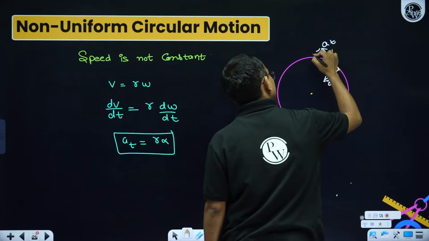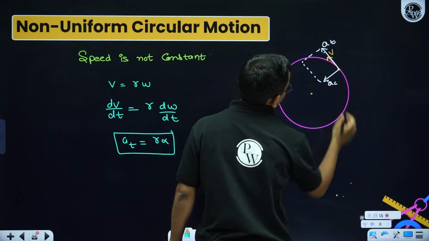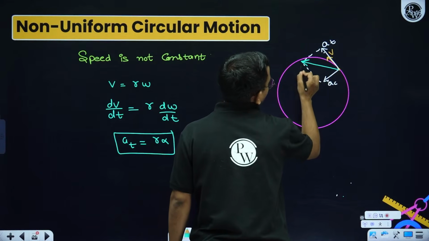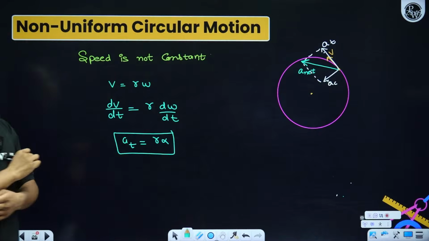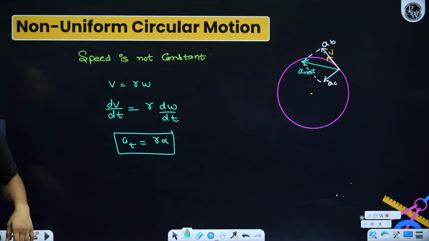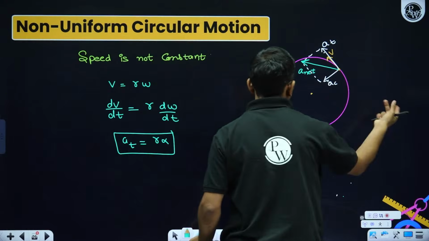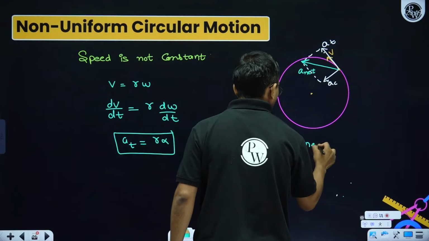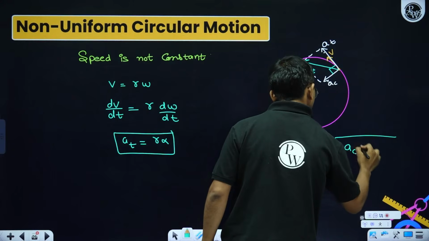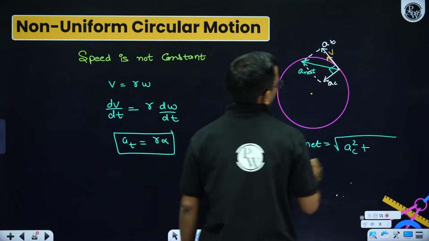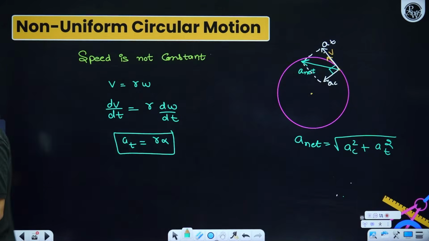The resultant acceleration will be the resultant of these two vectors. So the net acceleration will be somewhat like this, A net. You can find the angle of the A net, or you can find other things also. The magnitude of A net, because these two are perpendicular to each other, will be the square root of A centripetal square plus A tangential square. You can find the angle also here if you want.